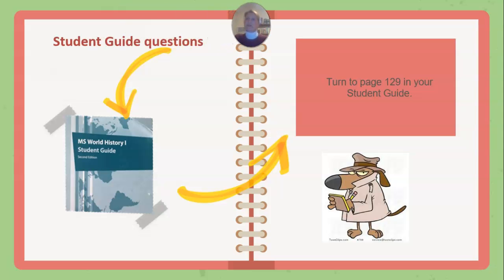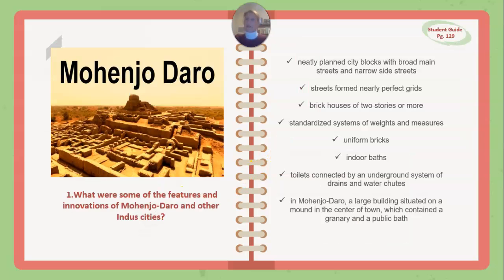Now turn to your student guide, open it up to page 129. Mohenjo-Daro. Question number 1. What were some of the features and innovations of Mohenjo-Daro and other Indus cities? There were neatly planned city blocks with broad main streets and narrow side streets. Streets formed nearly perfect grids.